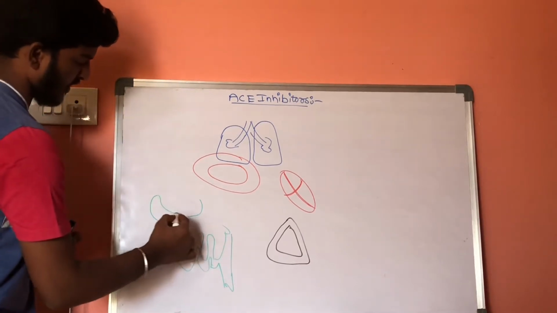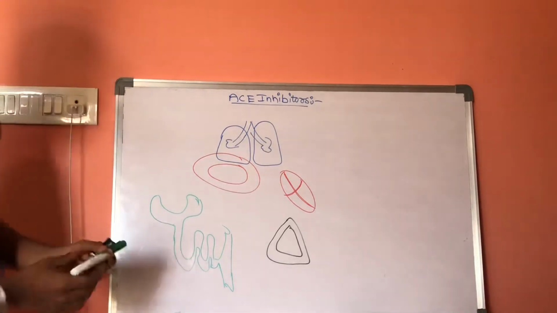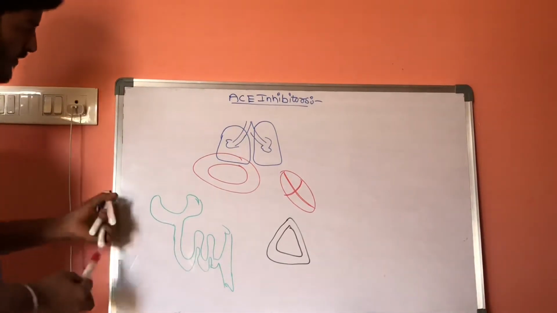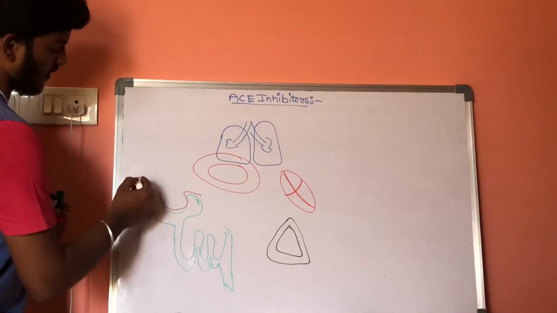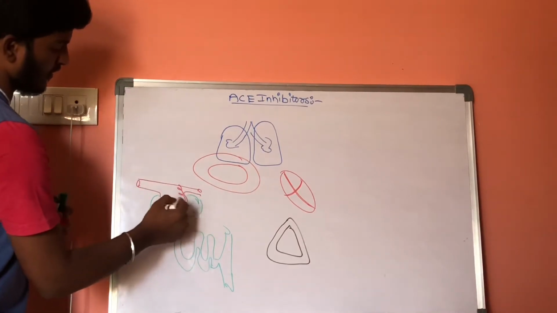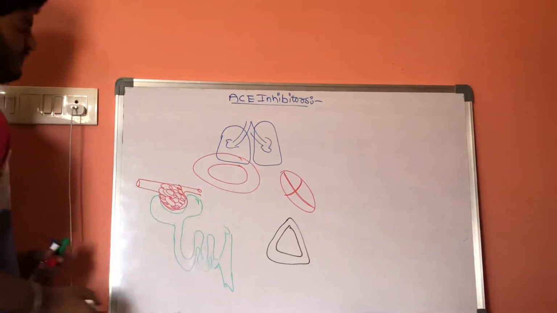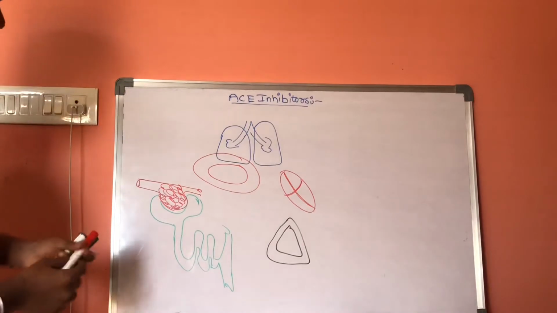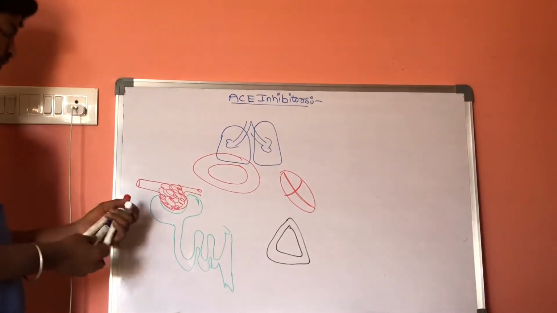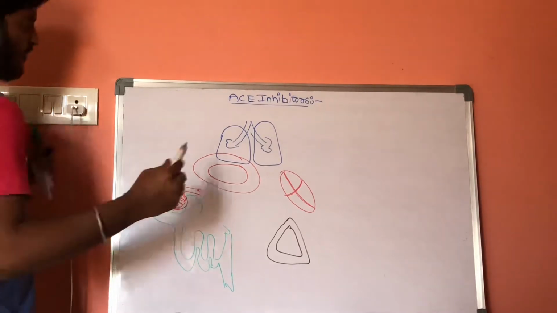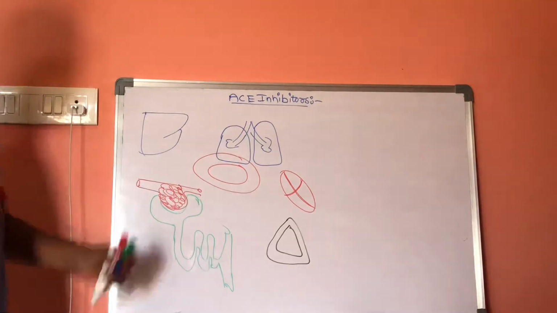This is the nephron. Here this is the glomerulus. And here this is the liver.